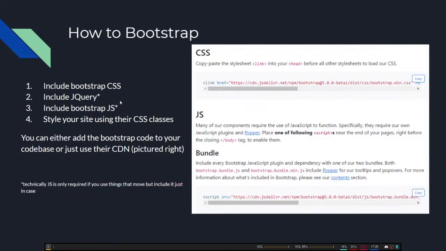We also need to include jQuery and the Bootstrap JavaScript, which includes something called Popper, which I believe is included if you use their bundle, so you don't have to worry about it. That's this tag. You just slap that in your head and it works. Technically, you only need the JavaScript if you're making things move, or sometimes with animations.